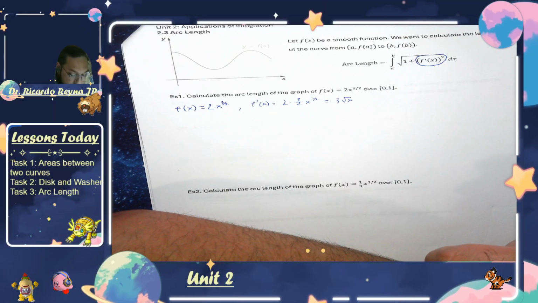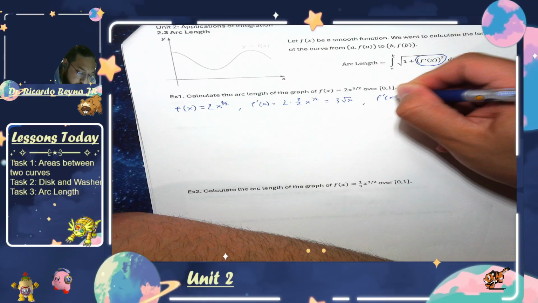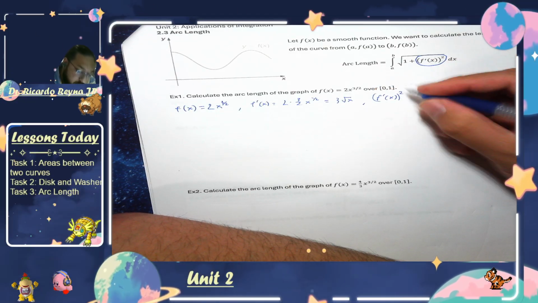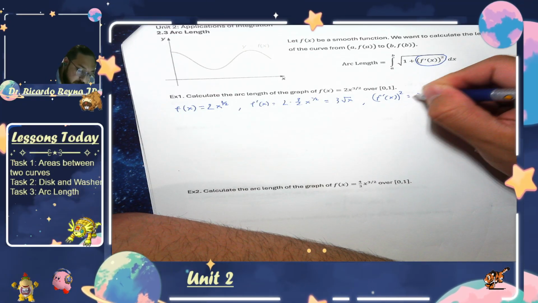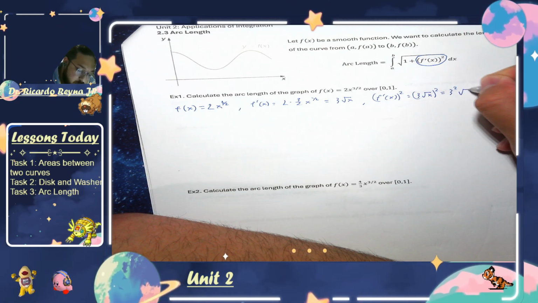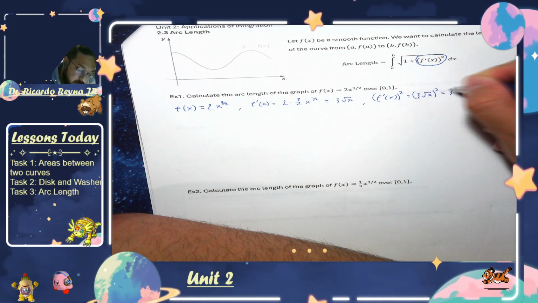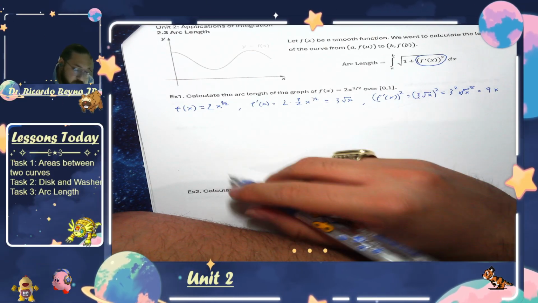And then from here, we want to square this derivative. So 3 square root of x squared. A square goes to the 3, and a square goes to that square root. That cancels out, and that becomes 9x as the whole expression.